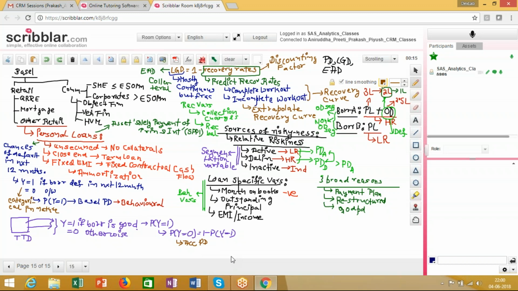Now, one very important factor is that this acquisition PD is not based on your behavioral factors. This acquisition PD is essentially based on the behavior in previous credit. So the acquisition PD that I have over here is based on the behavior of the borrower in other credits.